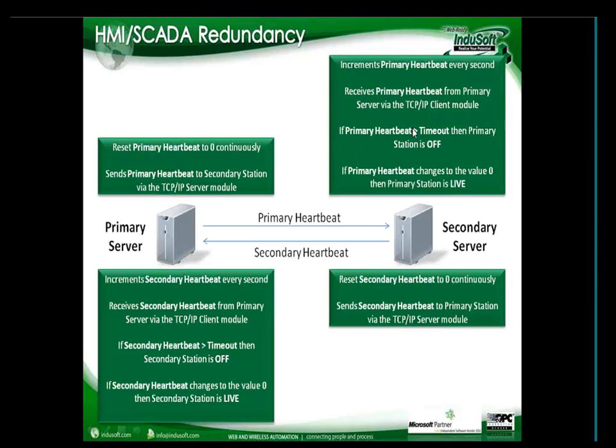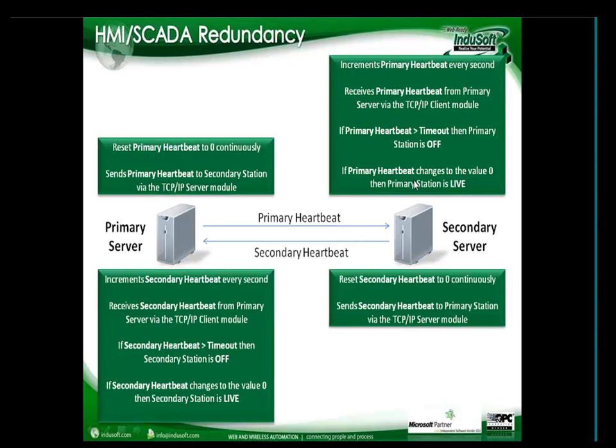So if the primary heartbeat is greater than the timeout, it means that it is incrementing in this station, and the primary server is not resetting this tag. So the secondary server concludes that the primary server is off. If the primary heartbeat changes to 0, it means that the primary server changes this tag to 0.